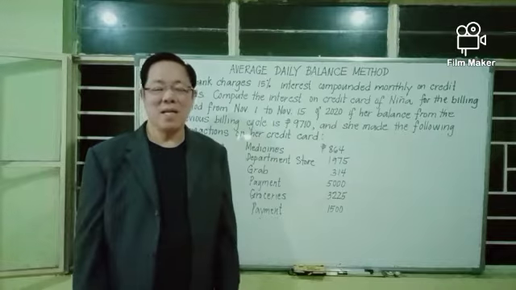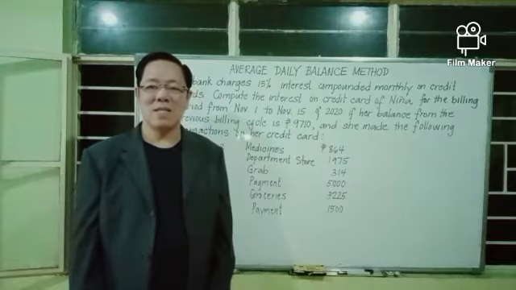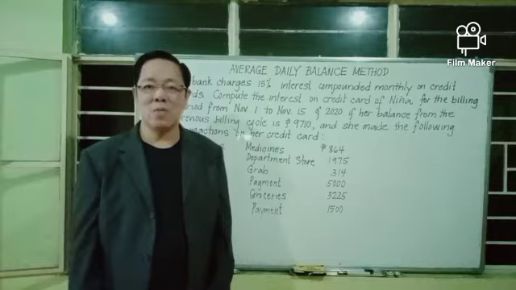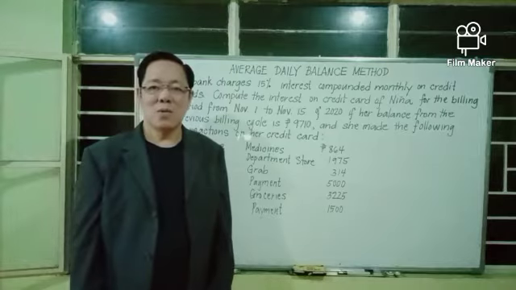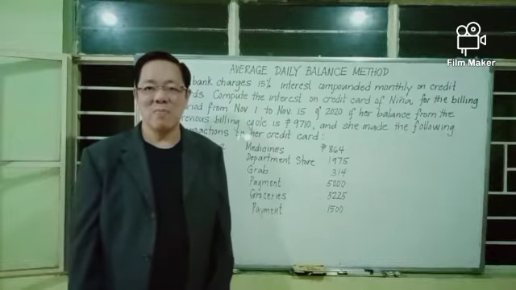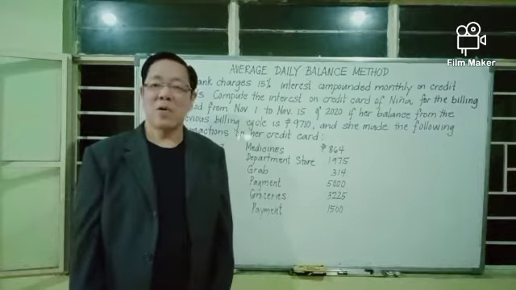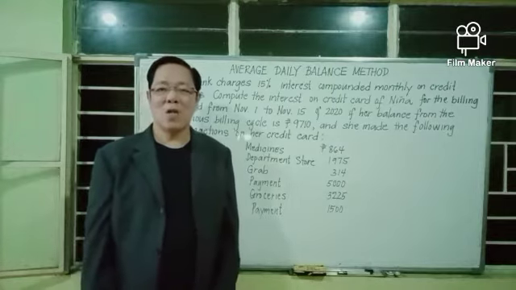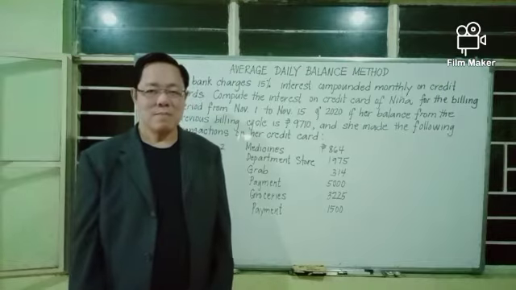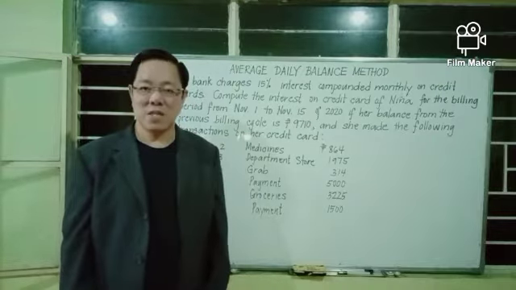We will prepare a table. The first column would be the day, which would run from 1 to 15 because our billing period is 15 days. The second column is the balance at the beginning of each day.